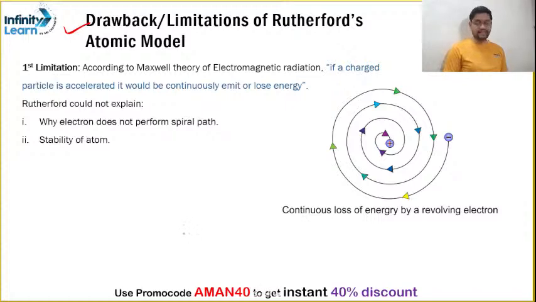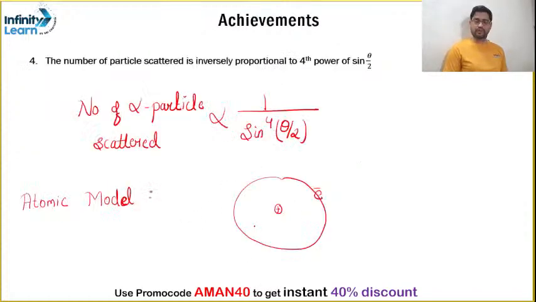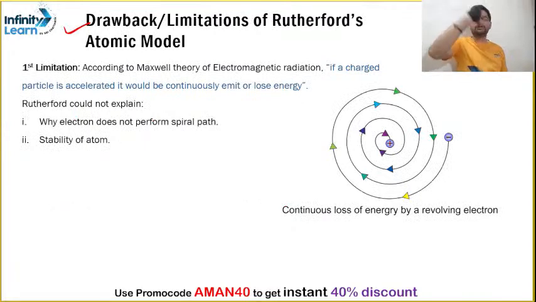The moment he said that the electron revolves around the nucleus, someone raised his hand and said, Sir Rutherford, if you are saying that the electron is taking a circular path around the nucleus, then if I apply Maxwell's theory of electromagnetic radiation, which simply says that if a charged particle is accelerated, it will continuously lose energy, then there will be a time coming, because instead of a circular path, it is forming a spiral path.